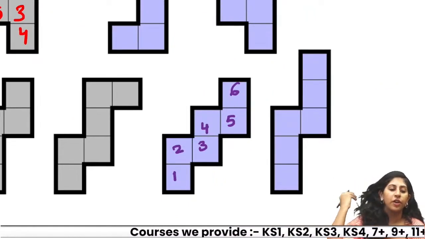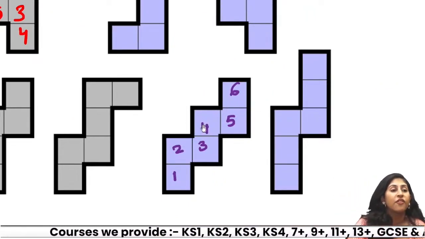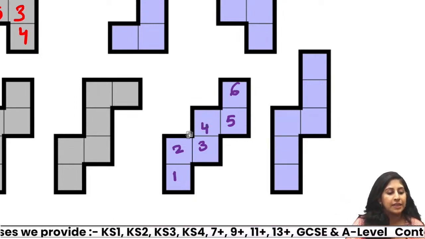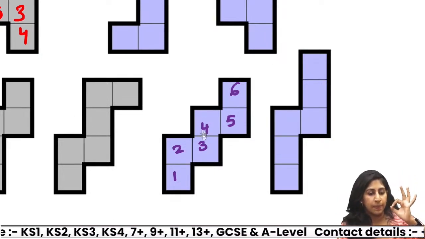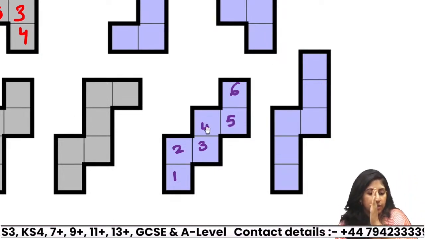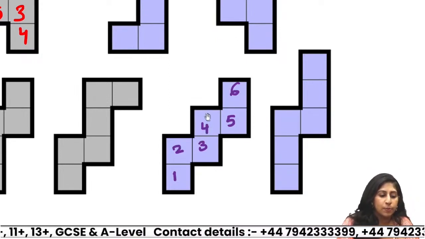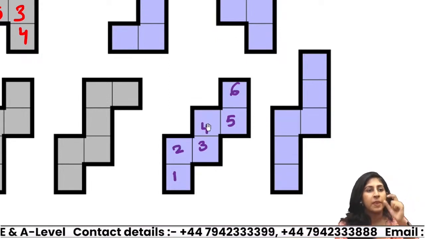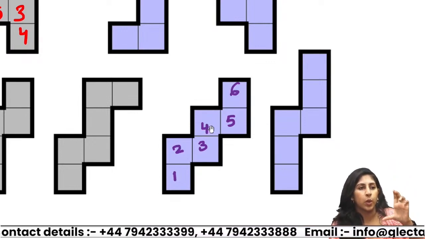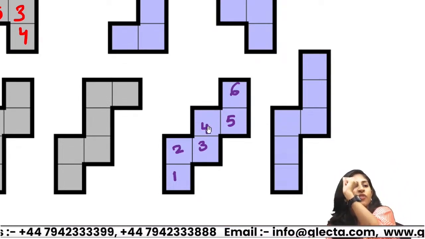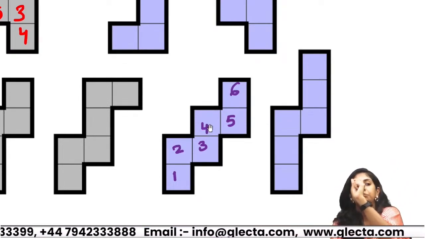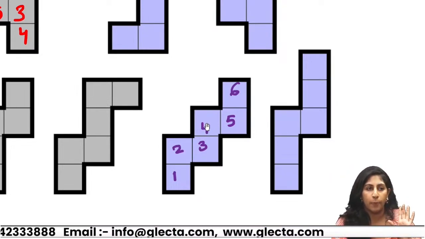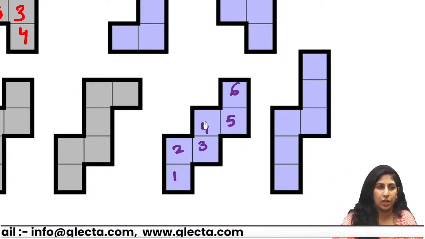This 4 that we have is adjacent to 3. 5 is on the right of it. 2 is also there. So if the vertex of the square of 4 touches the vertex of any other square, then that number cannot be the opposite. One simple thing that you can remember.